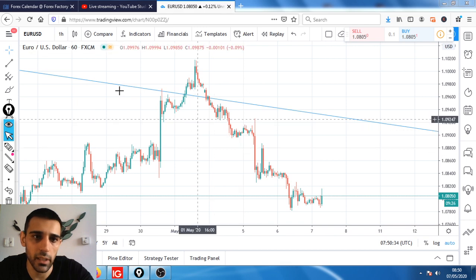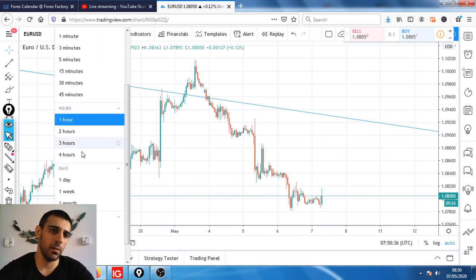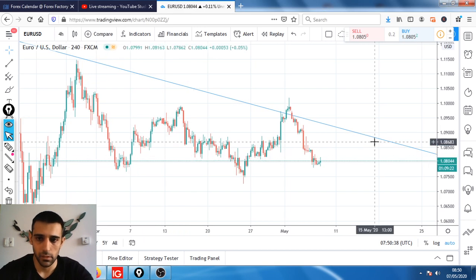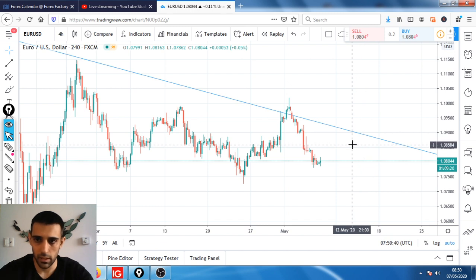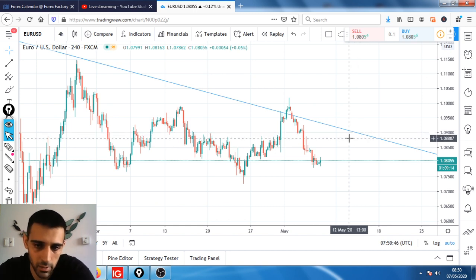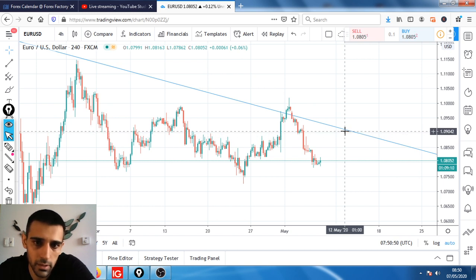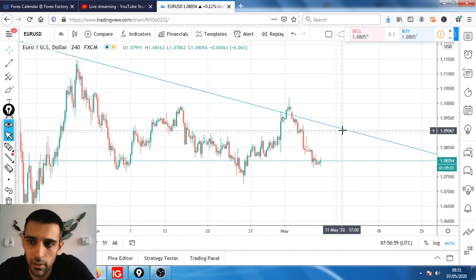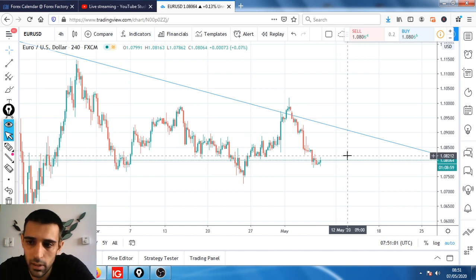And as for the targets, let's have a look at the targets now. Let's probably set two targets on this one. The two targets would be 109.05.